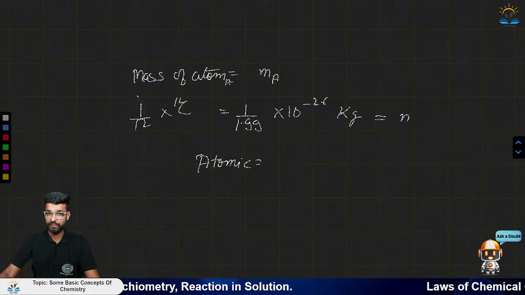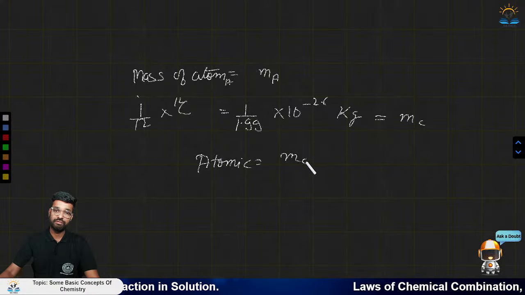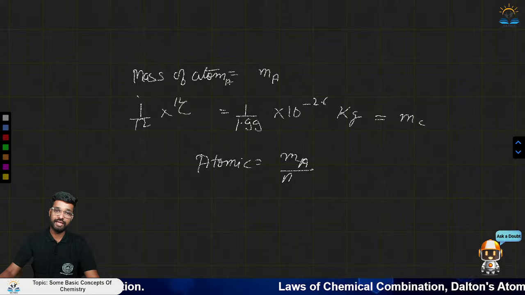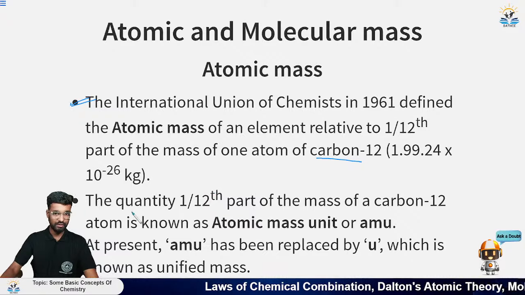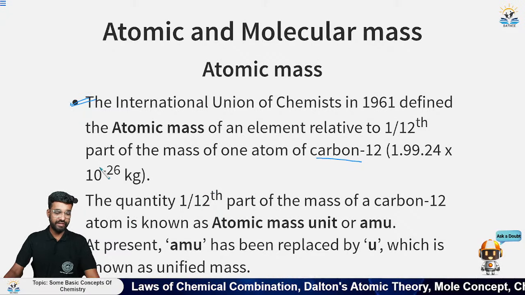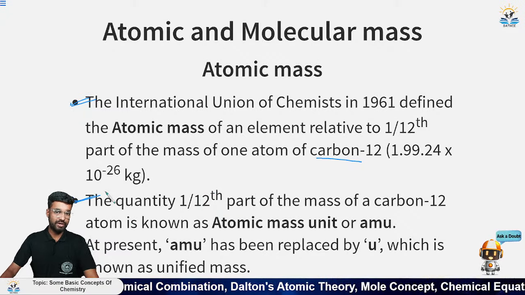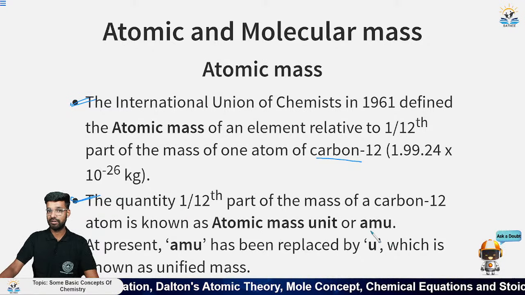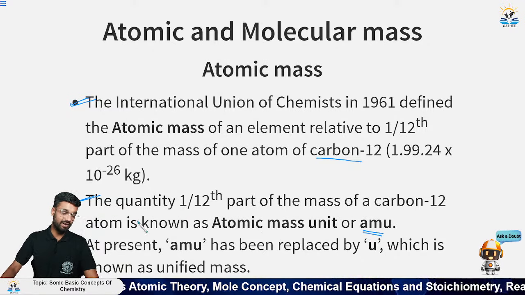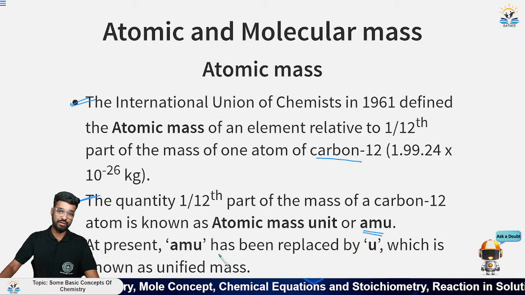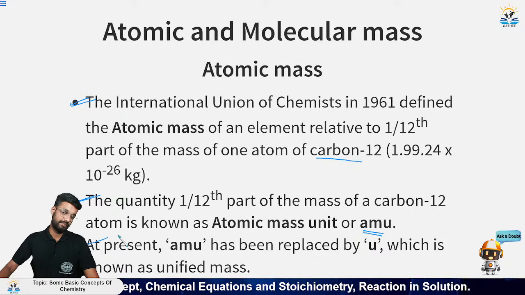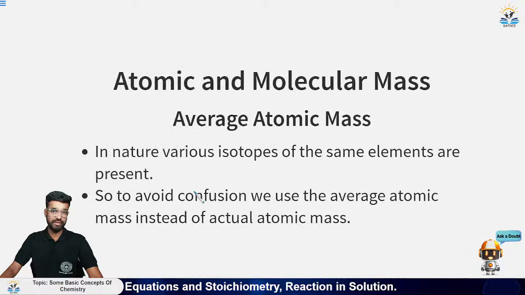Suppose it comes out to be mc. So atomic mass will be ma upon mc. So it is calculated in this way. Now this quantity, which is 1/12 of the mass of a carbon-12 atom, is called atomic mass unit or AMU. Later it was defined and named U, which is pronounced as unified mass.